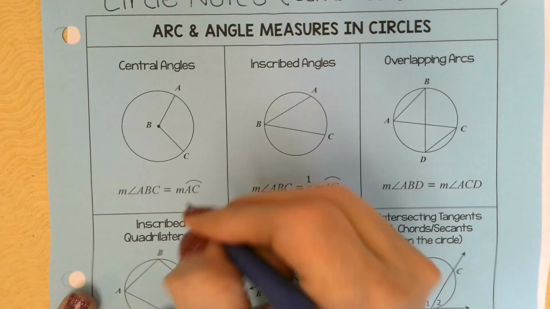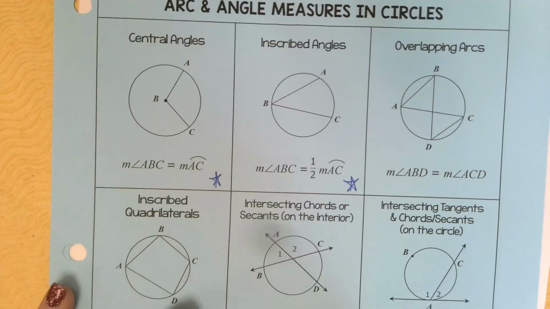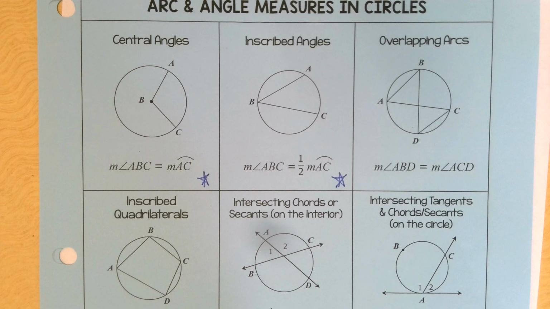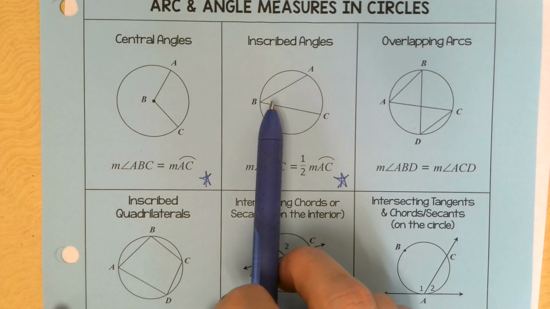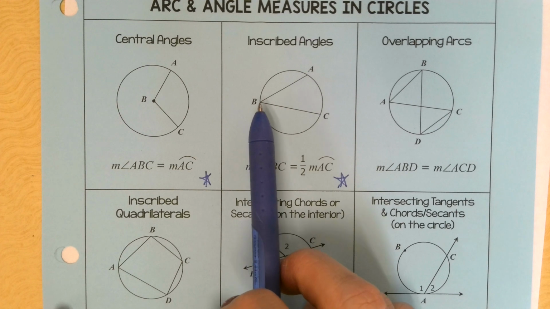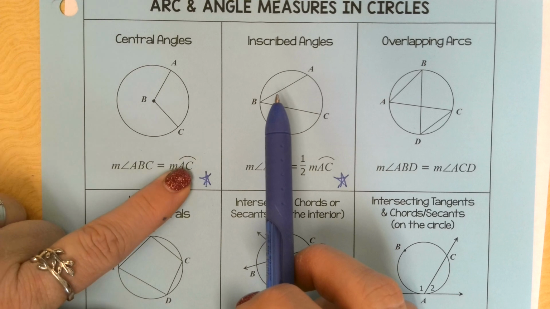All right, so these first two, I'm going to put stars. These are the main angle questions that you will have, and they're two that you need to memorize. So the first one is dealing with a central angle, and the second one is dealing with an inscribed angle. Based on your vocab that we've had already, you should know what those are. So the rule says for a central angle that the angle is equal to the arc.